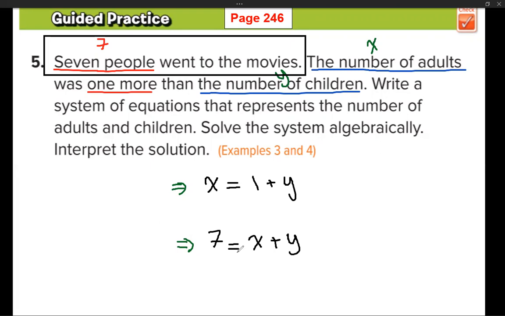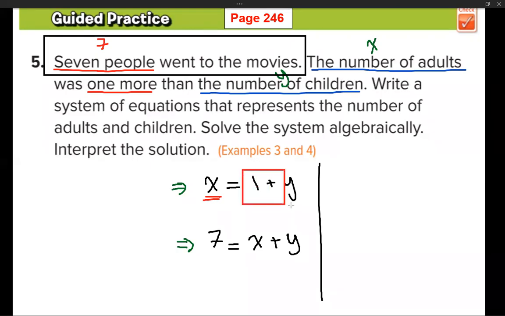How can we solve this system of equations? I'll give you the chance to try it, but we are basically looking for a value for one of the variables. We can see that from the first equation, we are given that x equals 1 plus y.